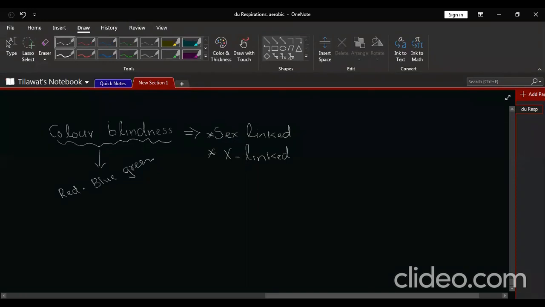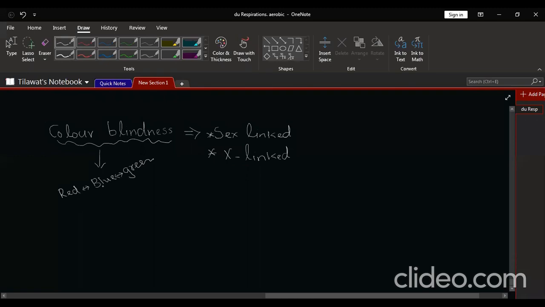He has a problem differentiating between these colors. There are different types of color blindness on the basis of this differentiation, but we will not move toward that side. Just for the time being, keep in mind that for the differentiation of color, we have special cells in the eye.